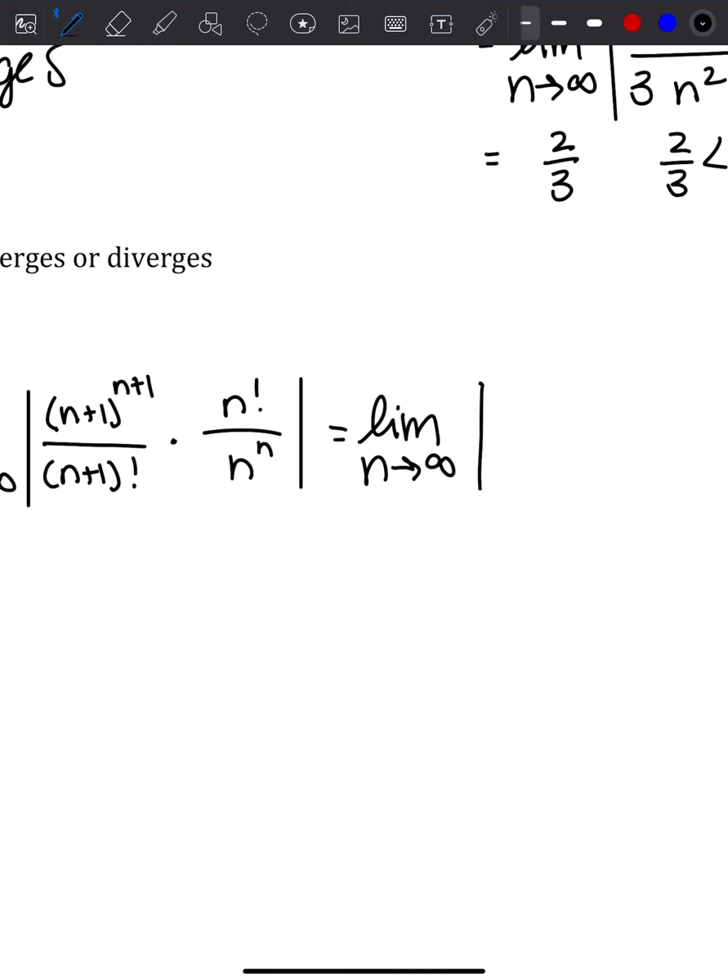So we have n plus 1 to the n plus 1 divided by n plus 1. We'll flip those around, so we'll do n to the n times n factorial divided by n plus 1 times n factorial.